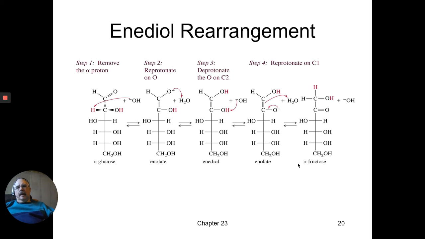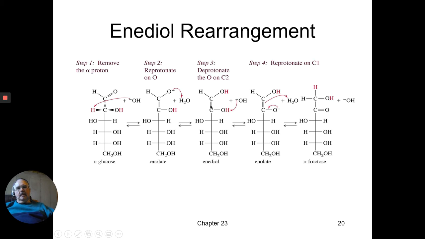Okay, another type of rearrangement is what's called the enediol rearrangement, and this can also take place in basic solution. So we start off as before. OH removes this hydrogen. We get the enolate, and then the enolate can rearrange to this enediol.